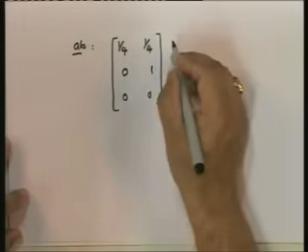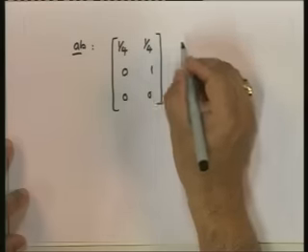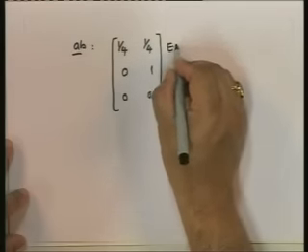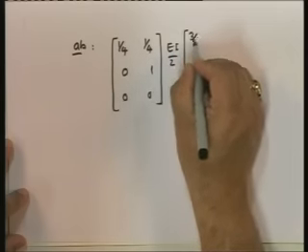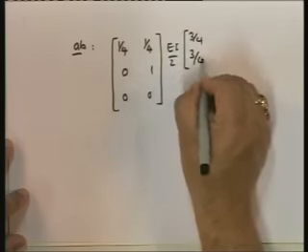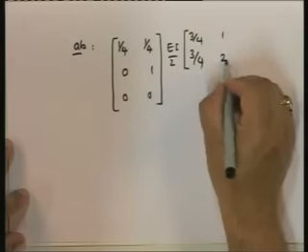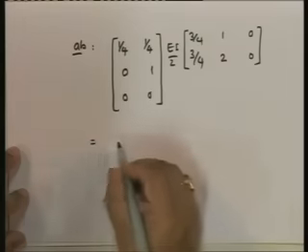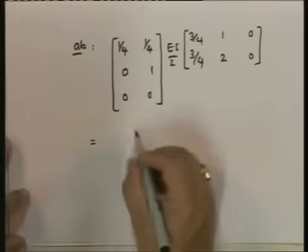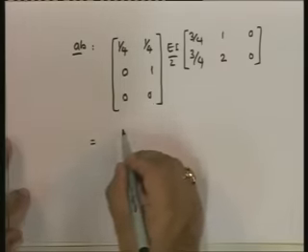That's just AI transpose, and then KI was equal to EI upon 2, 3 by 4, 3 by 4, 1, 2, 0, 0. So if we multiply those, we get the following.